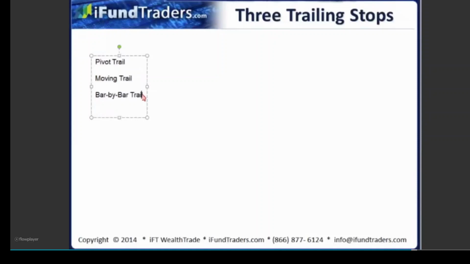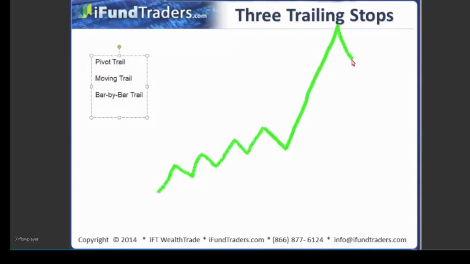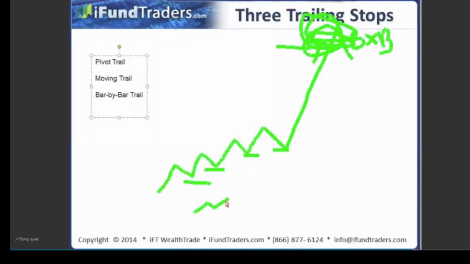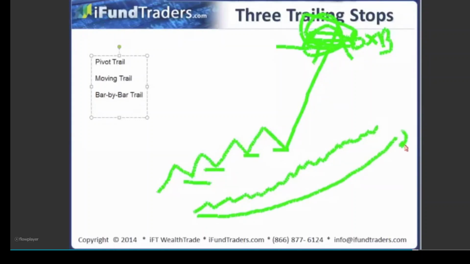So let me demonstrate one more time. You can be pivoting, but not getting to location 5. You see, now you're at location 5, but you weren't, so you could have been pivoting. Now you're bar by barring, bar by bar, up here. Then you could have been grinding. You're not really pivoting or location 5ing.